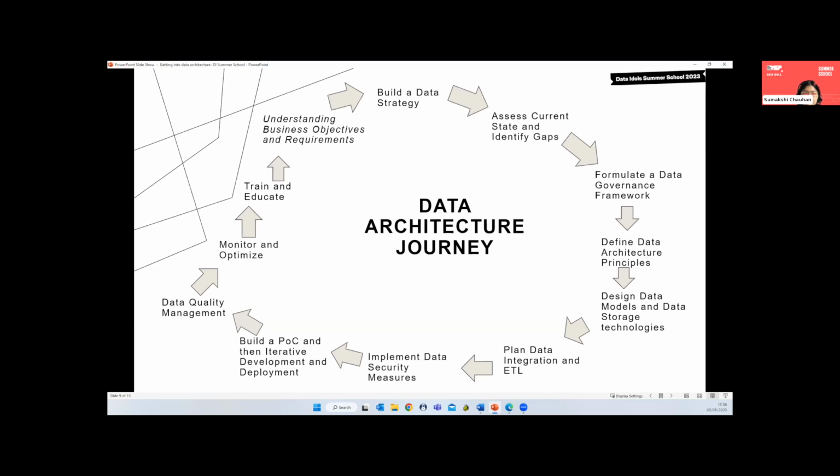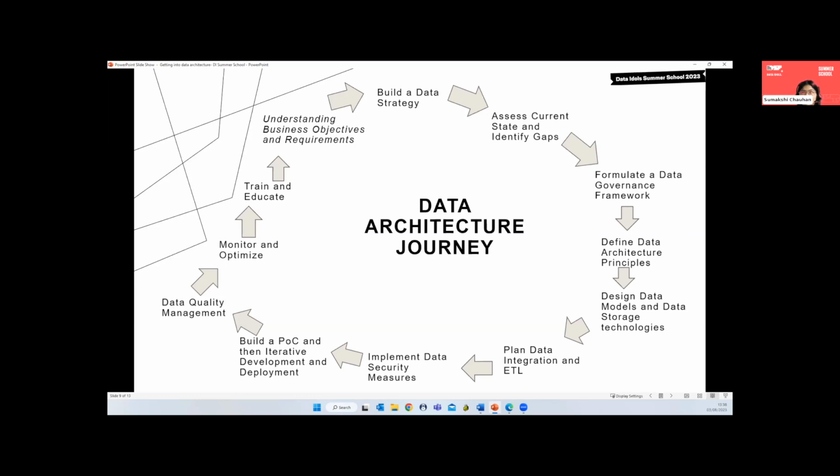Again, it's a continuous process. So we would need to continuously keep monitoring the performance and effectiveness of how well our new data architecture is doing, and optimize the architecture to improve its efficiency. It is, of course, an ongoing process.